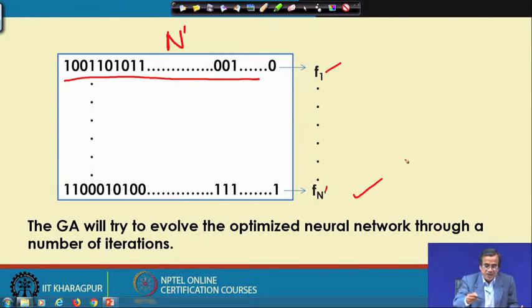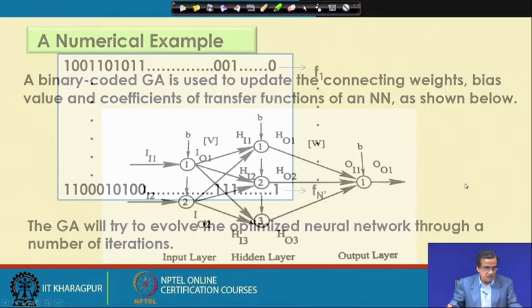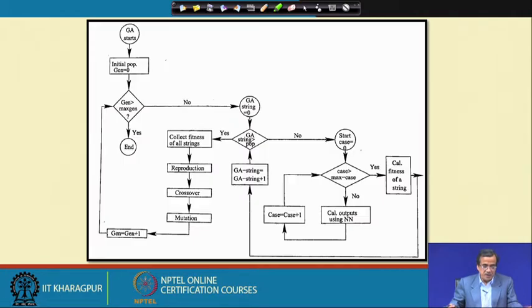Once you have got this fitness information, now we can go back to the flow chart. So, we are here. All the fitness information are known for this whole population.